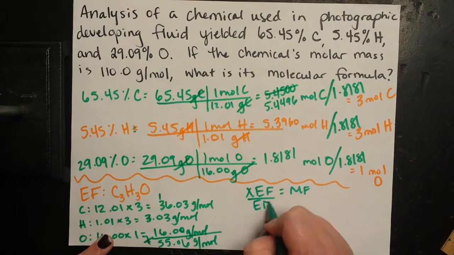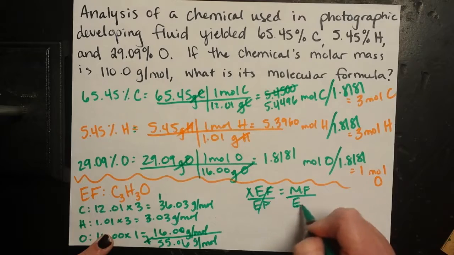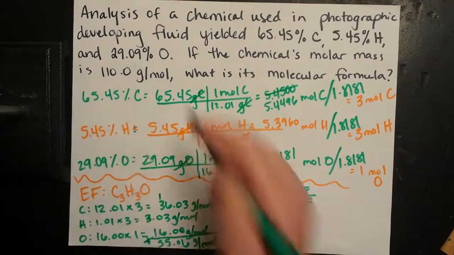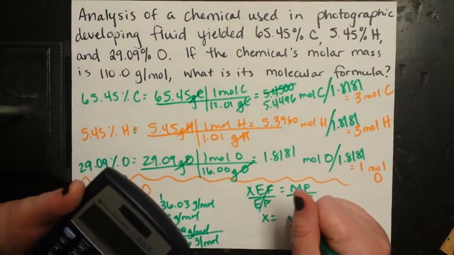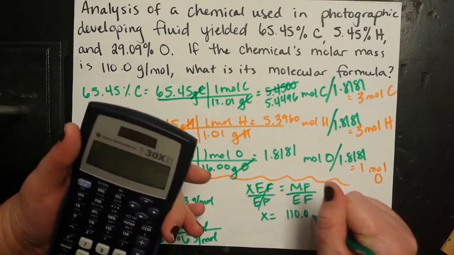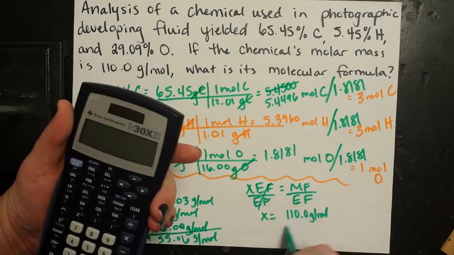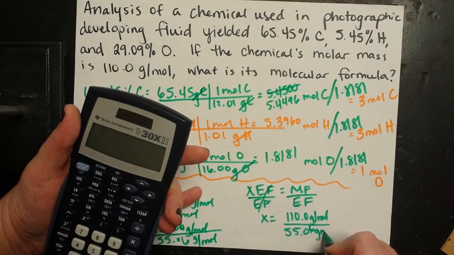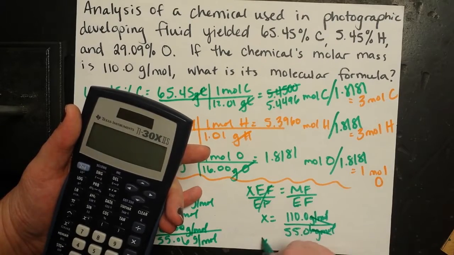I can divide the molar masses of my empirical and molecular formulas to find that multiple. Okay, I know my molecular formula has a molar mass of 110.0 grams per mole. And here I've got 55.06 grams per mole. My units will cancel.